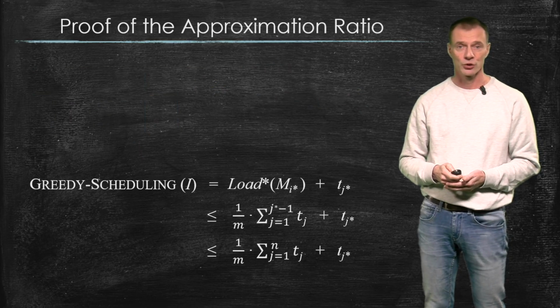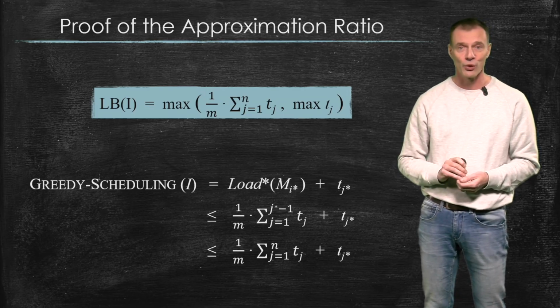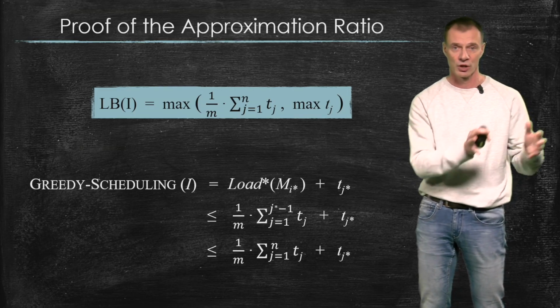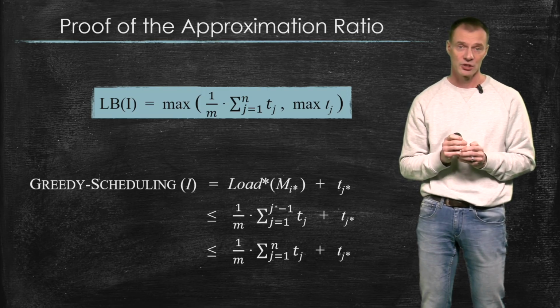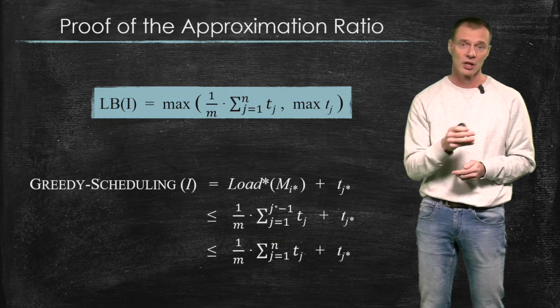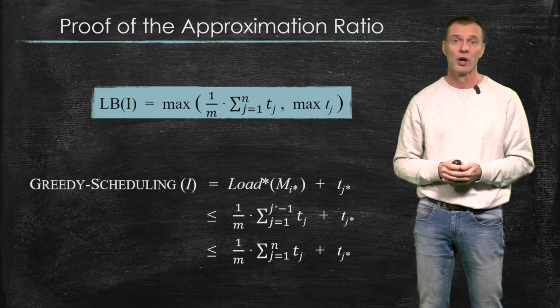And now what we observe is that what we have here is closely related to the lower bound that we previously had. Remember that the lower bound was, on the one hand, the maximum size of any of the jobs, the max over all tj's, and the other component was the average of the sum of all the loads.